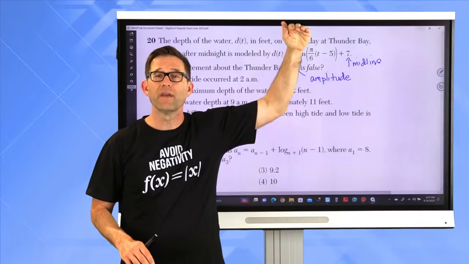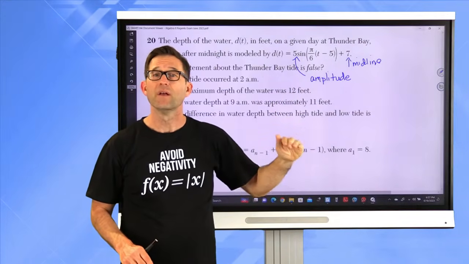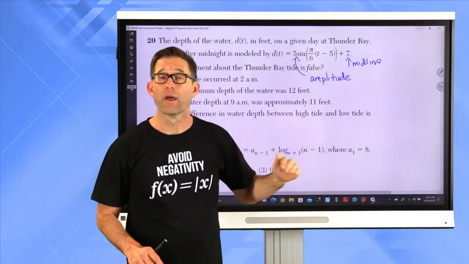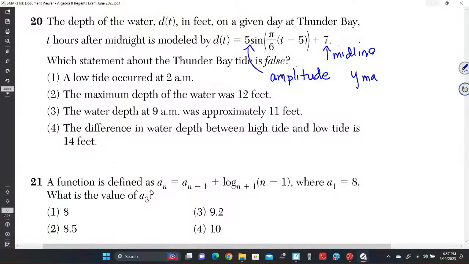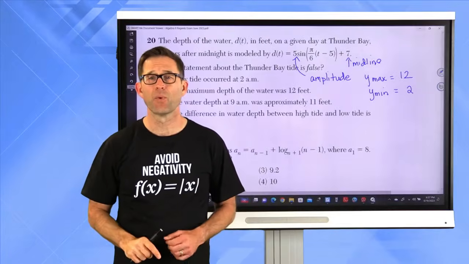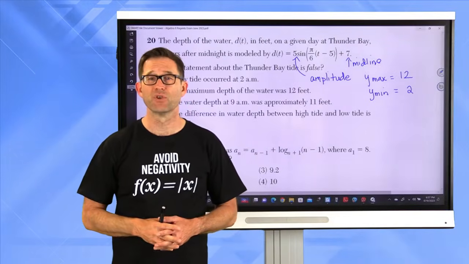So one thing I can tell you right away is that the maximum value is equal to 7 plus 5, or 12, and the minimum value is equal to 7 minus 5, which is 2. So right away, I can tell you that the maximum is 12 and the minimum is 2, right?